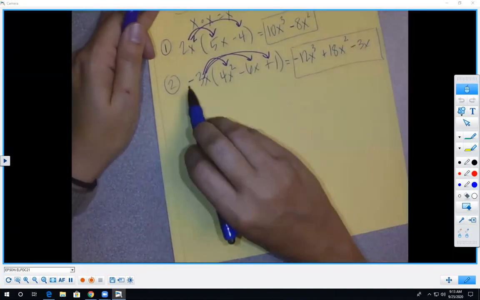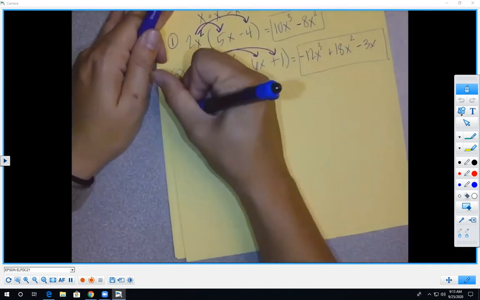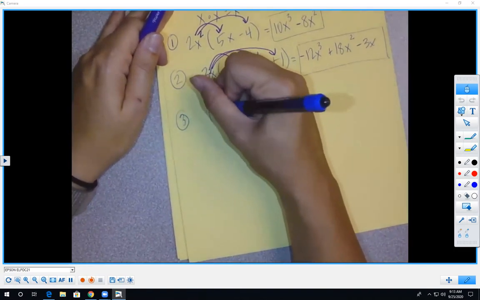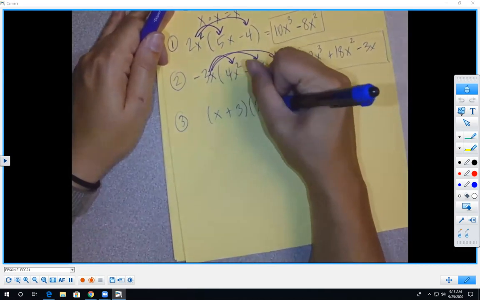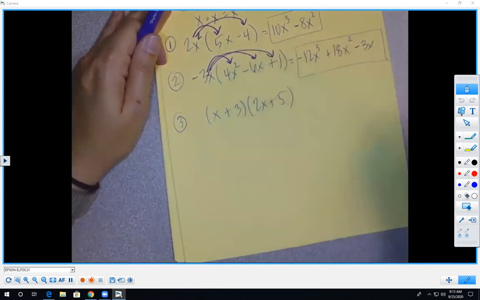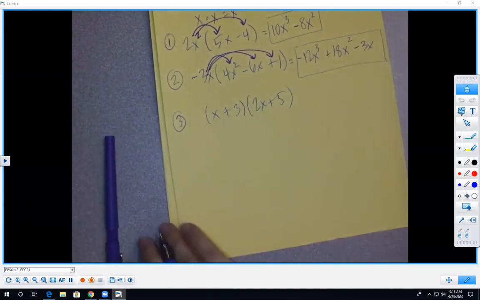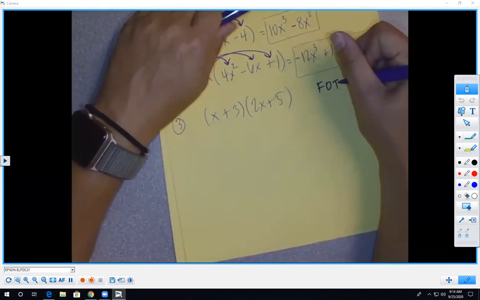Okay, so that is something that's one term times something that's more than one term. If we are multiplying two terms times two terms, if I have x plus 3 times 2x plus 5, for this we're going to FOIL, or you could just think about it as double distributing.